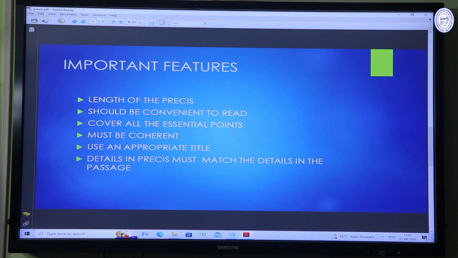Cover all the essential points. Your Precis should be a very coherent one. Coherence means tight. It should not come as a sporadic, clueless one. Sometimes people tend to pick out a few words from here and there, and they try to complete the Precis following the word limitations.